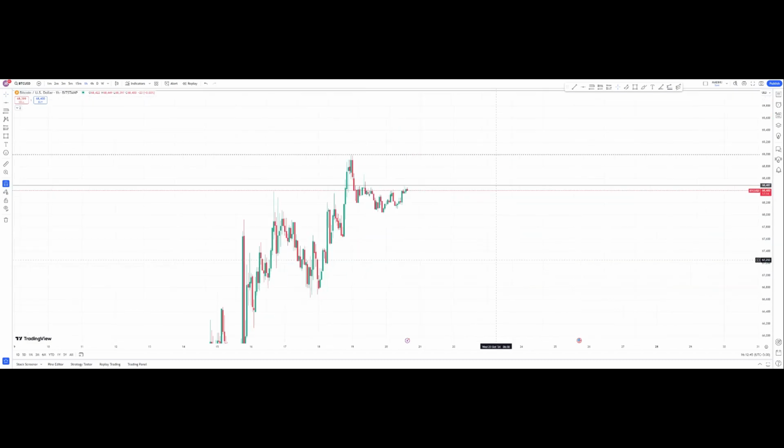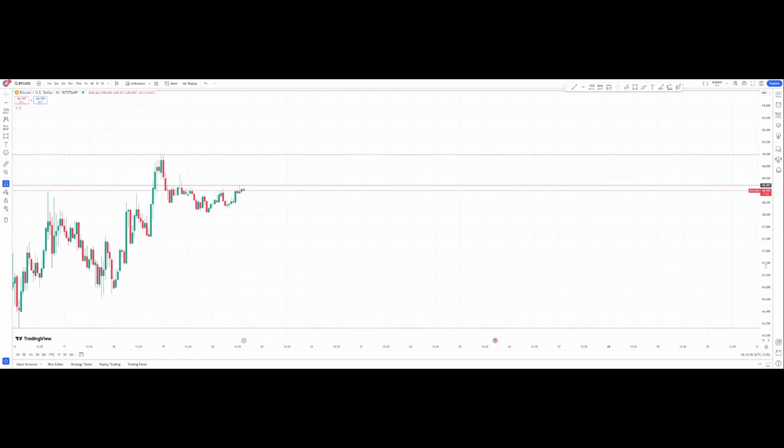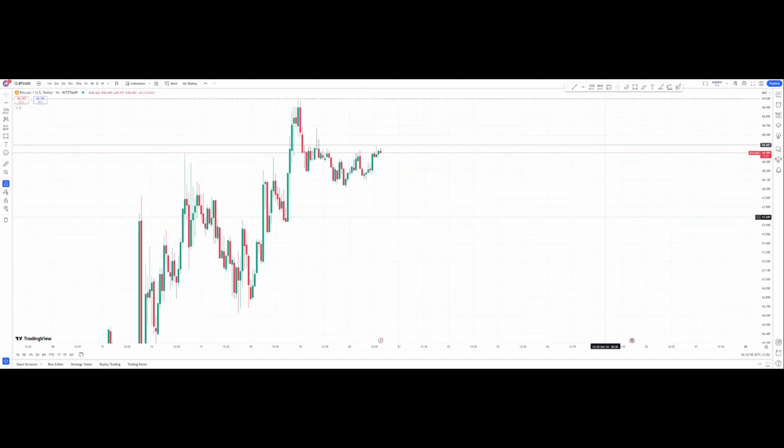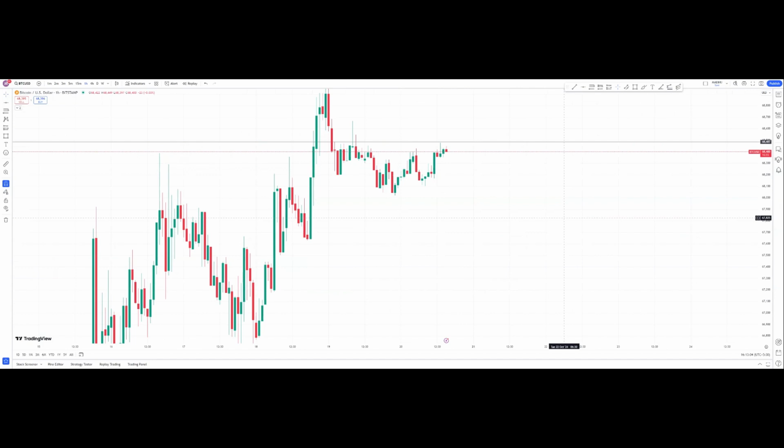On the hourly time frame, it is also indicating a little consolidation happening right now for the last 5 hours. And this consolidation again, right? If anybody is aware of candlestick patterns, people will be able to figure out whether it is going to continue towards the upside or come down.